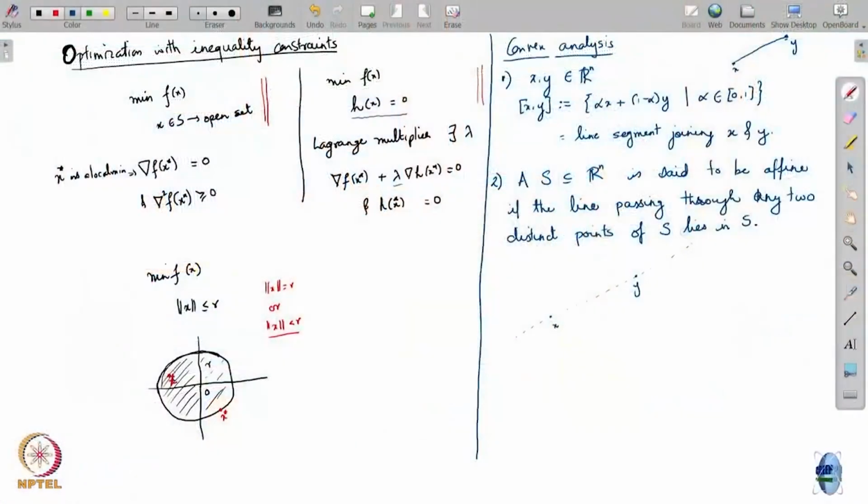Now, can you tell me what is the line that passes through them? What should be the expression for this? The segment joining x and y I have defined above. So what is the line passing through x and y?